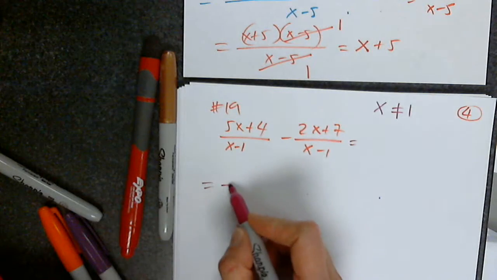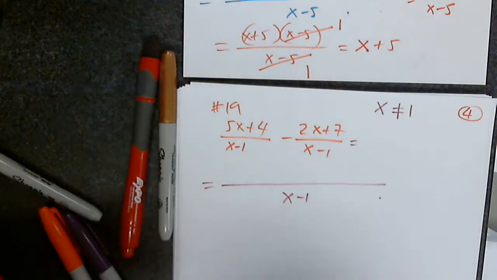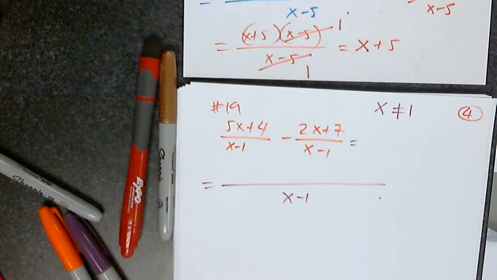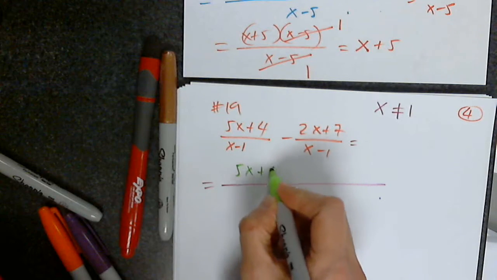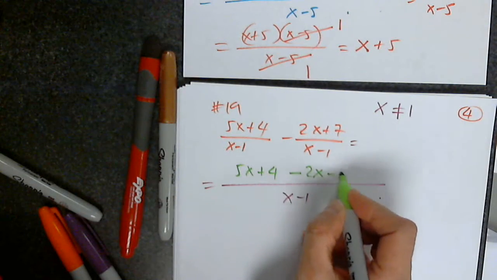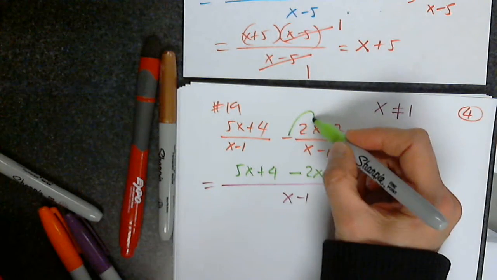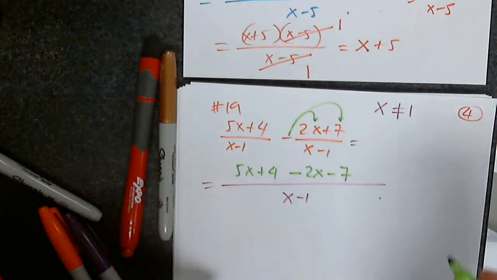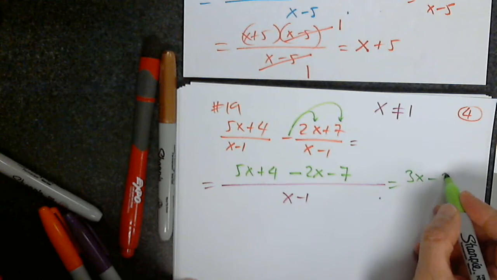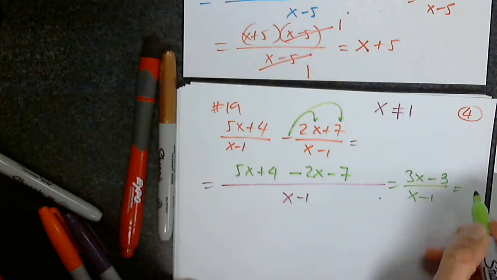And then all I have to do is just copy the denominator and carefully perform the operations at the top by simply distributing -1. So 5x plus 4 minus 2x and minus 7. Remember, the negative sign gets distributed to all terms. So then 3x minus 3 divided by x minus 1.